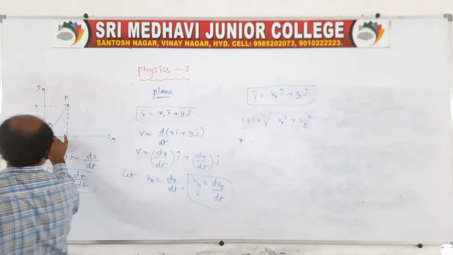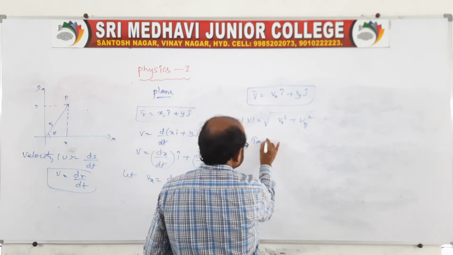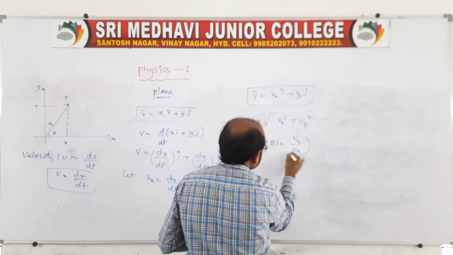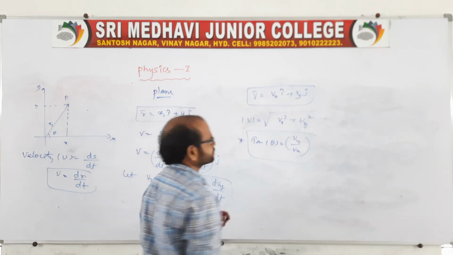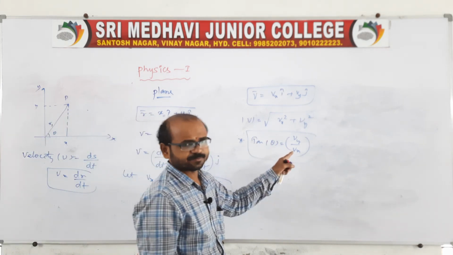Suppose it makes an angle theta, or alpha, so that tan theta is equal to vy by vx. Like this we should get the velocity in a two-dimensional plane.